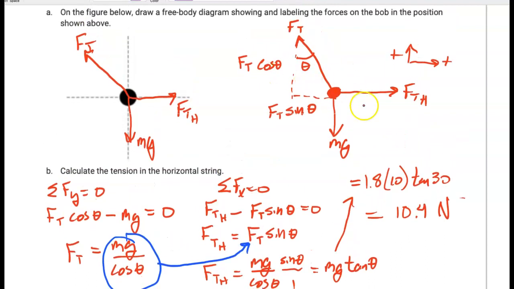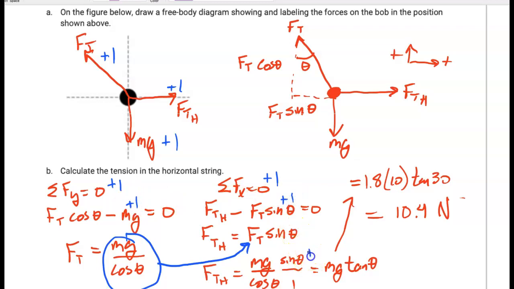If you were getting points on an exam, you would get 1 point for this, 1 point for this, and you get 1 point for drawing the mg. You would get 1 point for showing the sum of the forces are equal to 0 in both directions. You would get a point for filling that in.